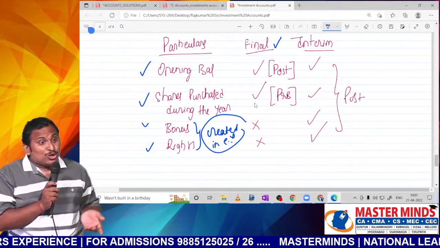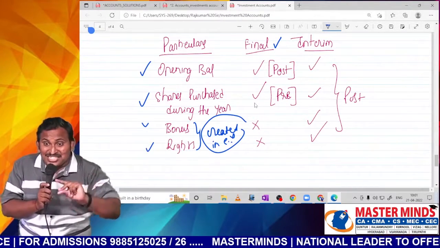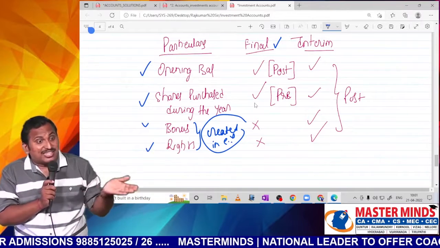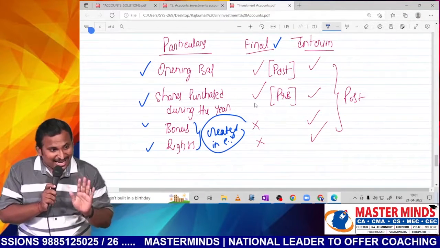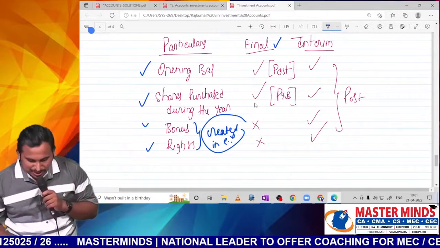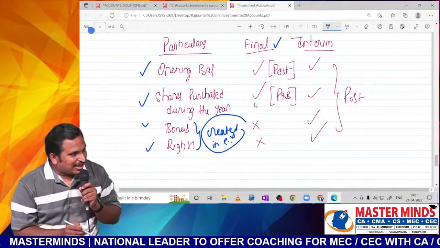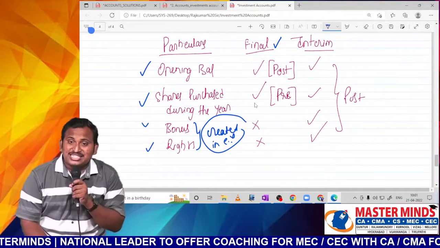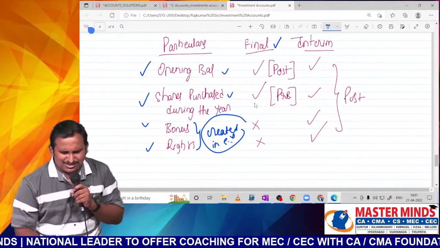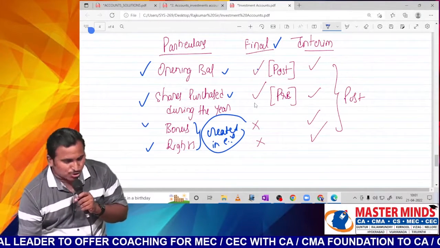That means, though you may not have had it, somebody was holding it in the last year. It is enough that the shares existed in the last year. They need not be with you. So if you have purchased shares during the year, these shares definitely might have been there in the last year also. So these shares are also eligible. Opening balance will anyway be eligible. Sir, clear? So out of these four types, these two only are eligible.